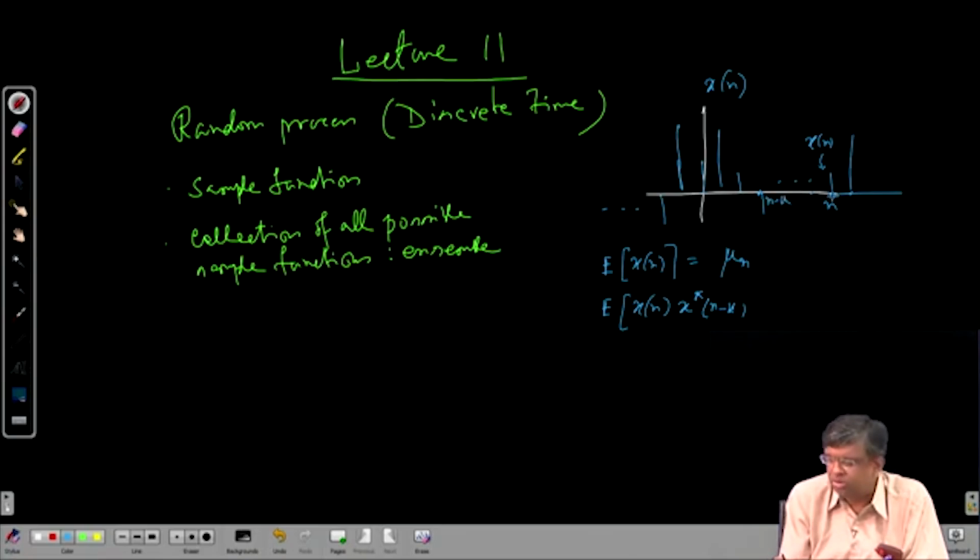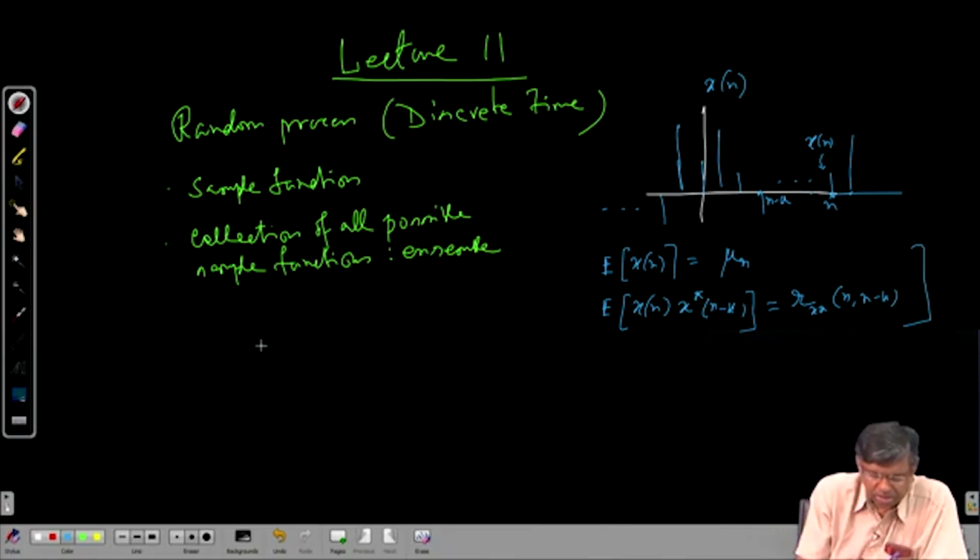If k is positive, it could be on the right-hand side also, if k is negative, okay. And this product x into y star, its expected value, is the correlation. Correlation also should in general depend on the locations of these two samples, because I can pick any other two samples, take their correlation, and that will not in general be the same as this. So, it will be a function of both n and n minus k, in general.